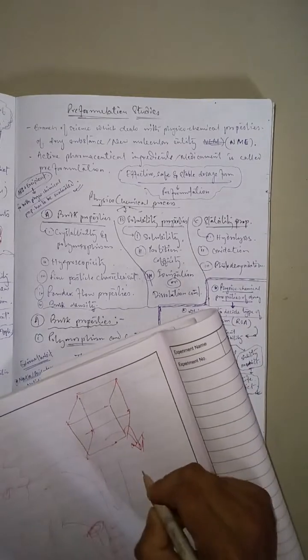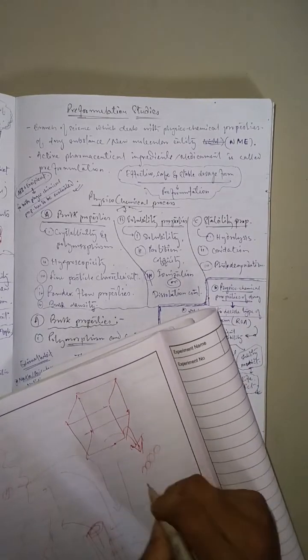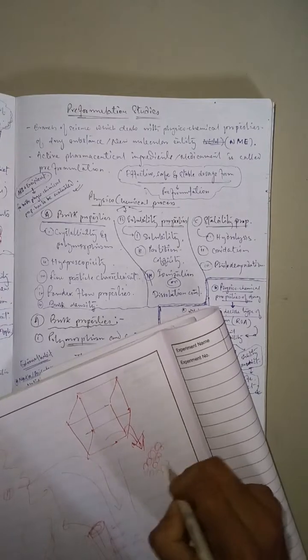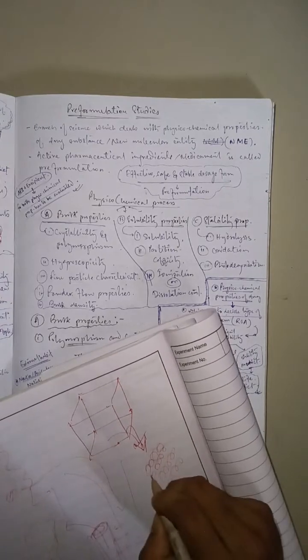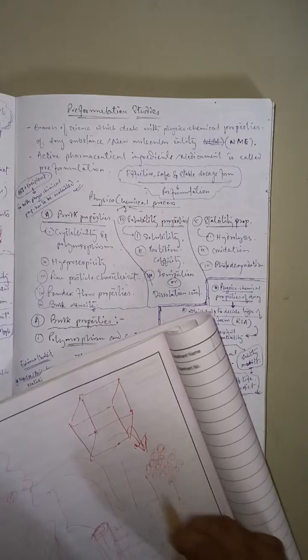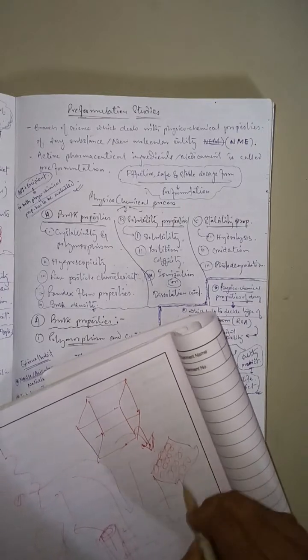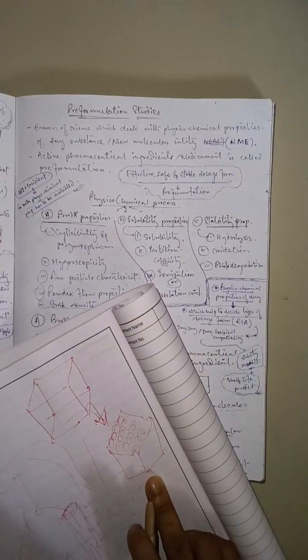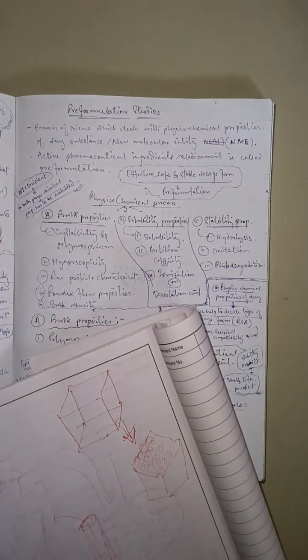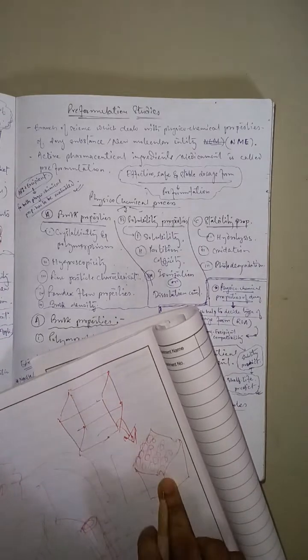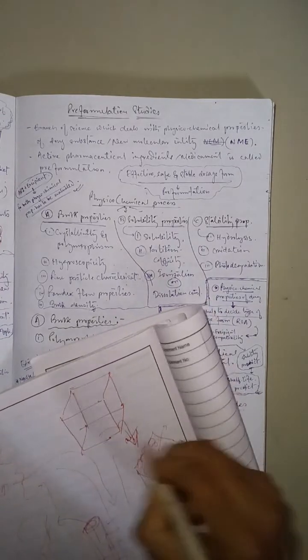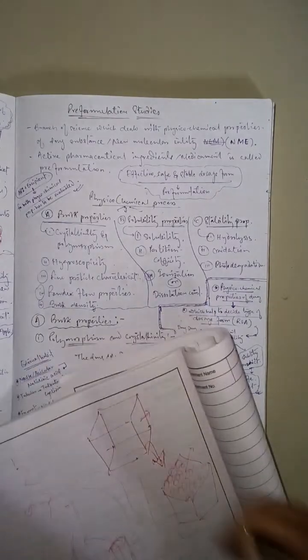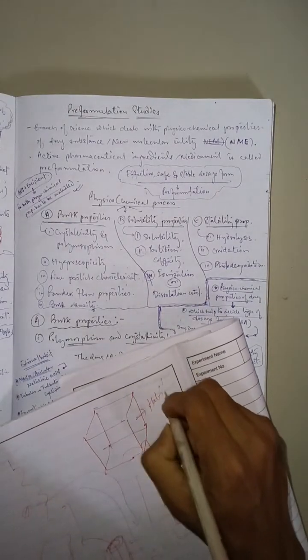It may be like this: particles may be arranged systematically like this, or particles may be scattered, or not arranged systematically. So these things are about the internal structure. This is about the external structure, and the external structure is also called habit.